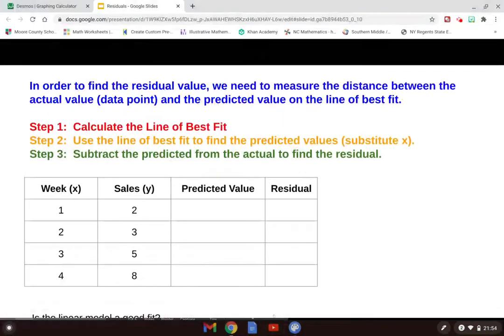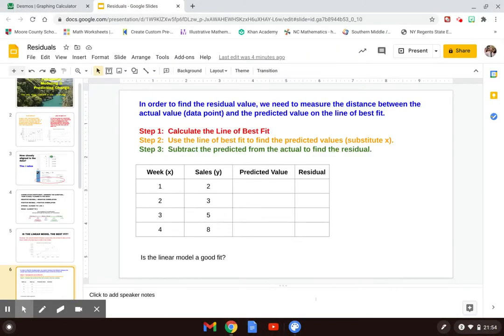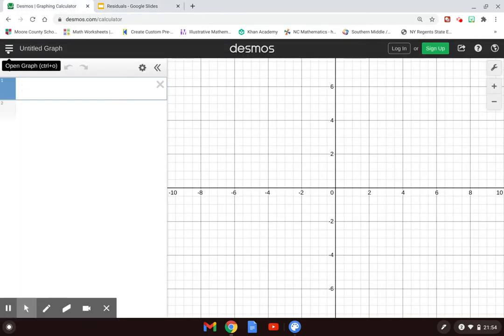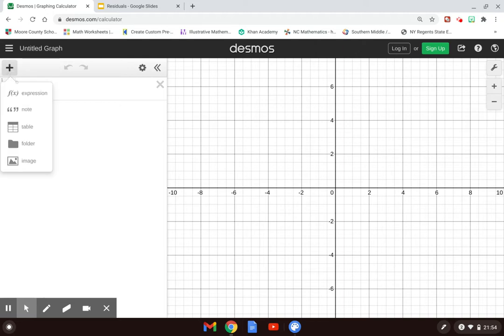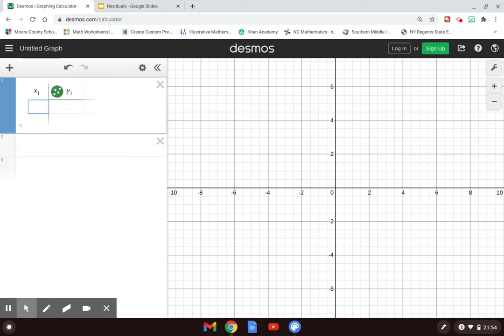Okay, so here's how we do this. And we know if we're trying to find the line of best fit, we're going to use our Desmos graphing calculator. So let's come over here and we will insert the table. All right, so there we have our points.